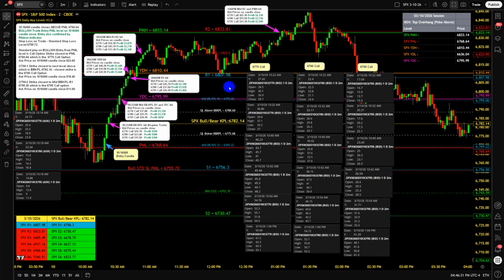Now in the very next candle, as you can see, the R1 is close to YDH today, so today is a session in which many of these contextual levels are right at the other key levels given by the indicator. So on the 10:42 we have the YDH hit. 67.70 call on this 10:42 a.m. candle, 48.20 bid.